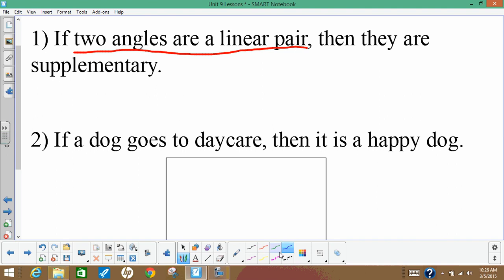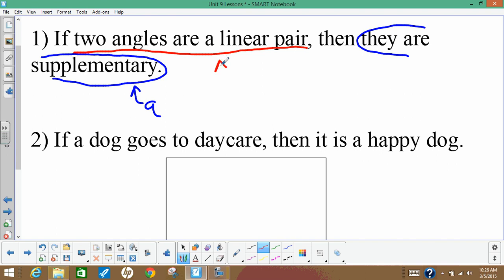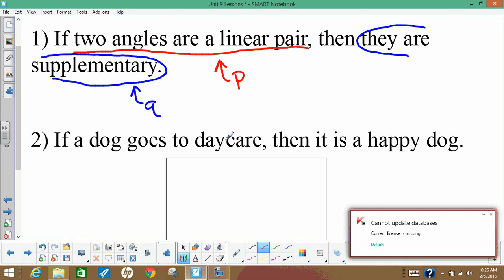The conclusion is all the words that come after the word then. So they are supplementary is our conclusion. So that's our Q. What we would represent with P if we were doing this in symbolic form is the hypothesis again. Two angles are a linear pair.